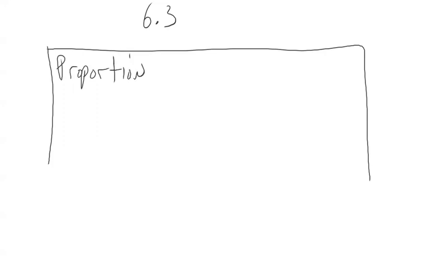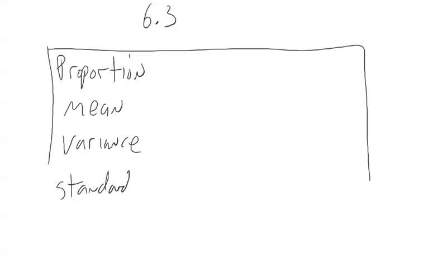We had the mean. We had the variance. And then we had the standard deviation. I'll write down here. Try to stay on one board. And then we had size.